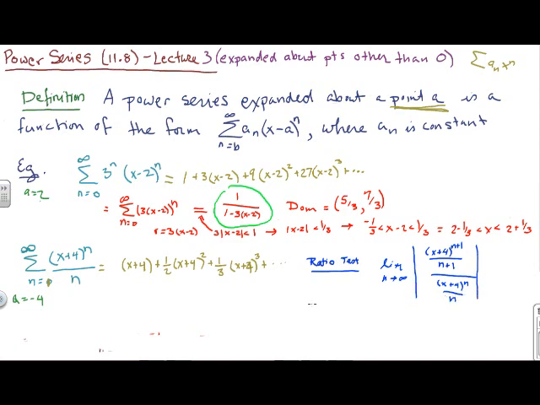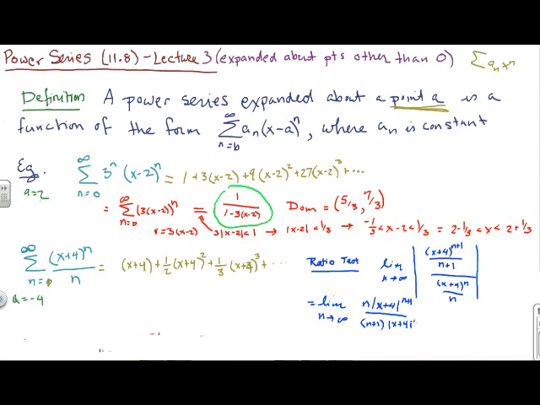And that's going to simplify to the limit as n goes to infinity, invert and multiply, and of course the only issue that might be positive or negative is x plus 4. Everything else is positive. So I'm going to get n times absolute value of x plus 4 to the n plus 1 over n plus 1 times absolute value of x plus 4 to the n.